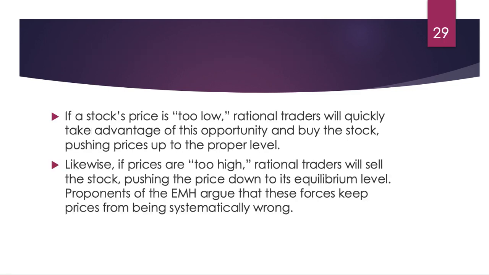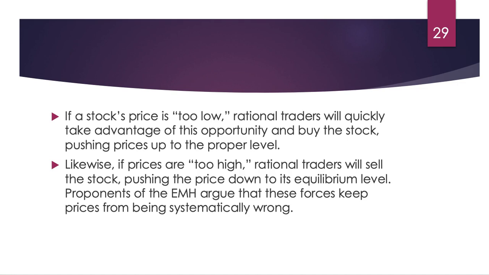The logic behind the efficient market hypothesis is straightforward. If a stock price is too low, rational traders will quickly take advantage of this opportunity and buy the stock. Once they start to buy, they will push the price up to the appropriate level.